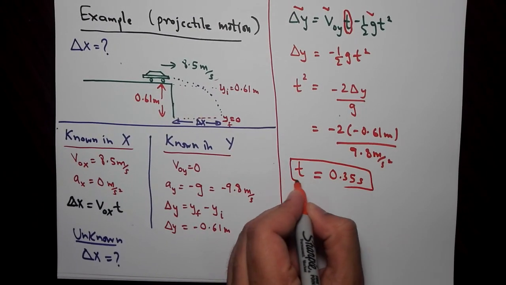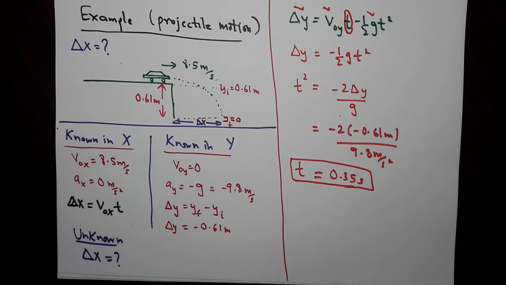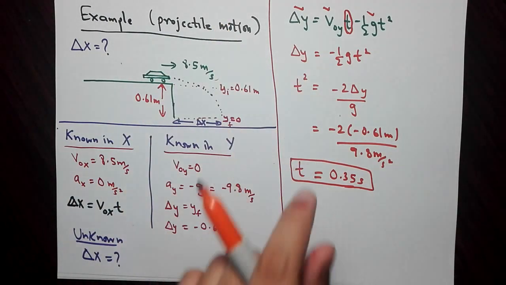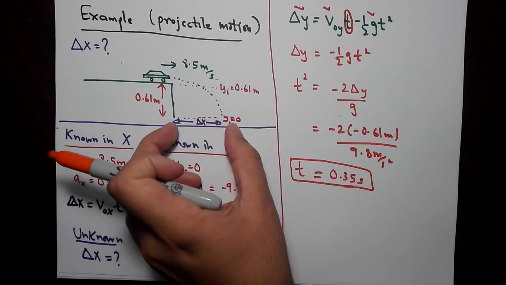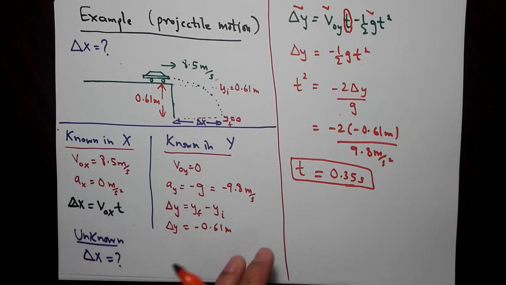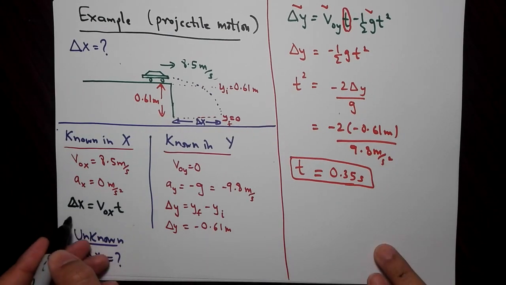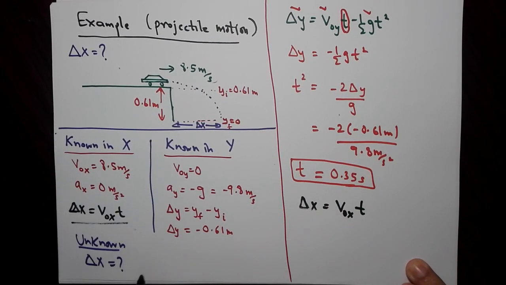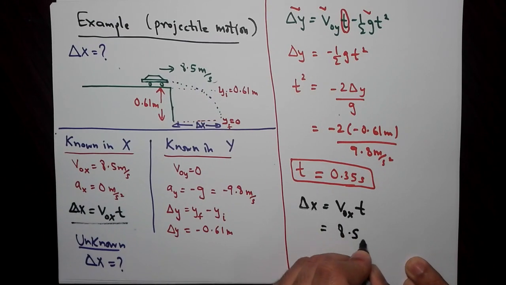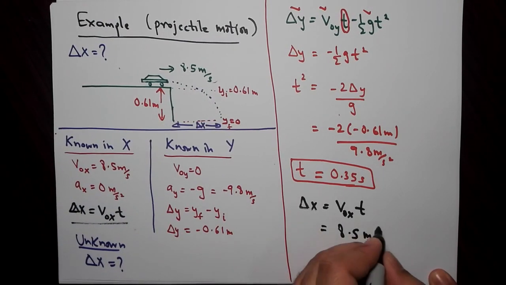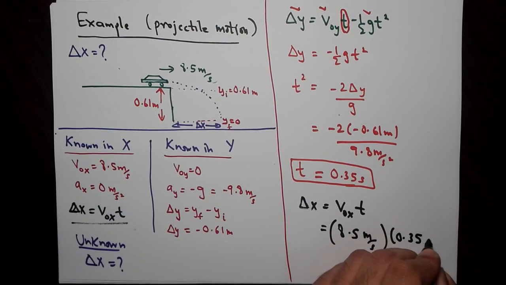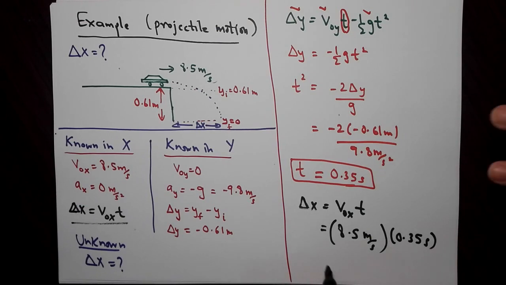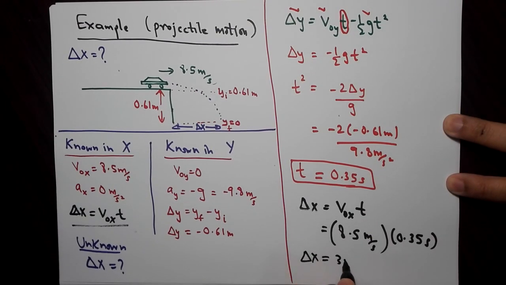That's the time that the car takes to cover this vertical distance, and during the same time it covers this horizontal distance delta x. Now we know the time, so we can just use delta x equals v naught x t, and v naught x is 8.5 meters per second, multiplied by 0.35 seconds. So you get 3 meters. So delta x is 3 meters.